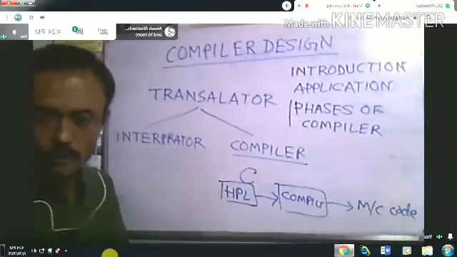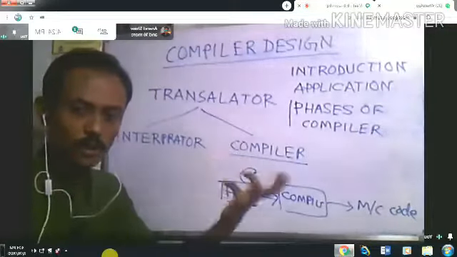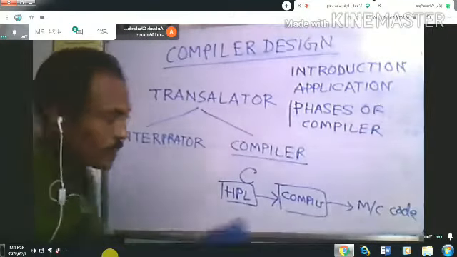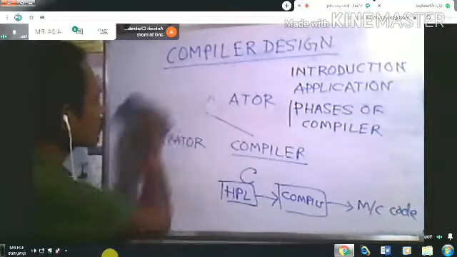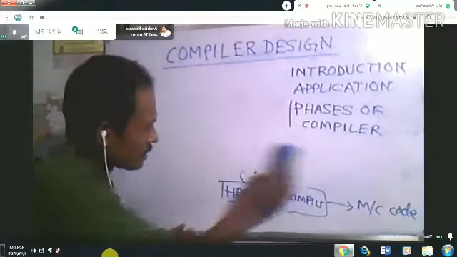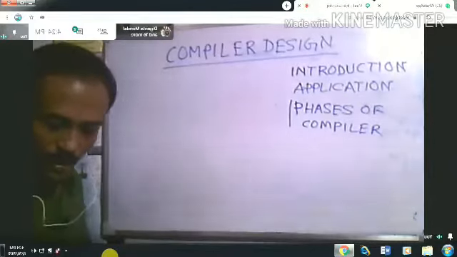Now what will be the input and outputs of the compiler? The compiler is a system software. What will be the inputs and what will be the outputs of the compiler? If you draw the input and output of the compiler, it may be written this way. Suppose this is your compiler.